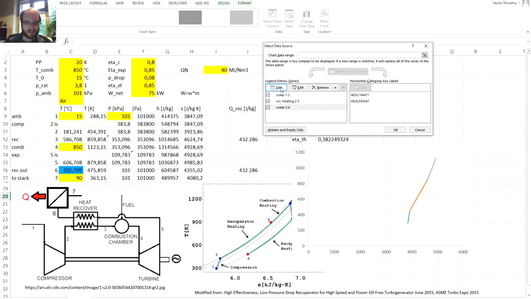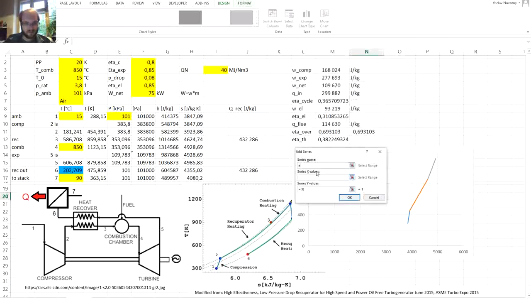Then follows expansion, between 4 and 5, so entropy 4 and 5, temperatures 4 and 5.